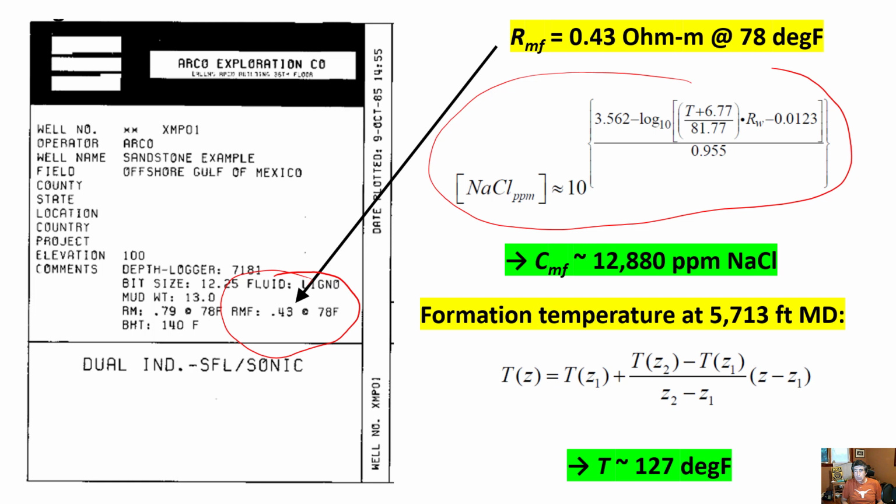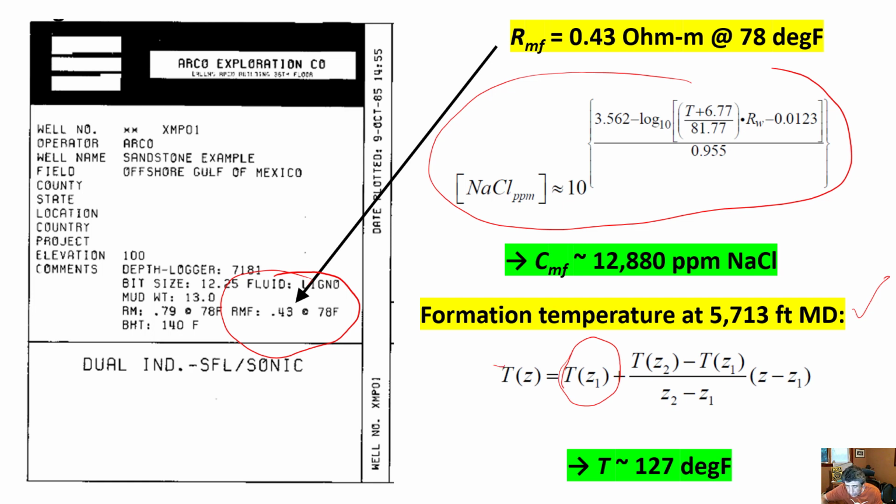Second, now let's move on to calculate the RW. To do that, we need to calculate the corresponding formation temperature at the place where we decided to read the SP and the resistivities. That location is 5,713. So we're going to take the surface temperature, or average surface temperature, which is 78.